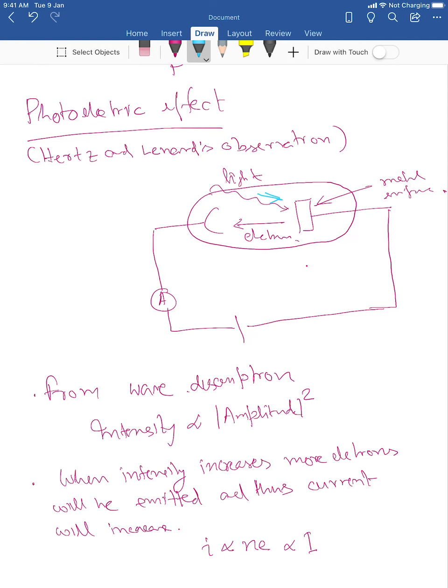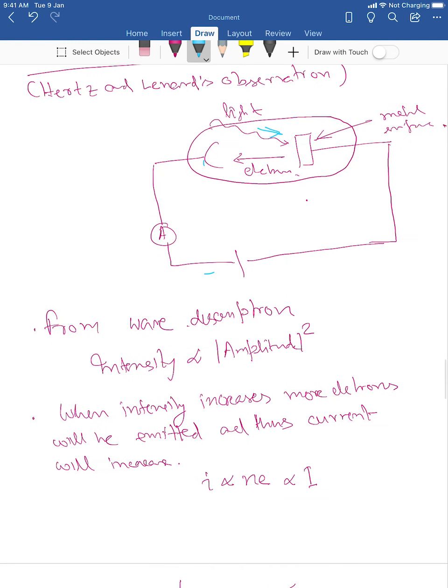There is this positive electrode, and it will attract the electron, and you can register a current. If you consider the light as a wave, the intensity of the light is proportional to the amplitude, or if I write it as mod A squared, this was the wave description of light, right?